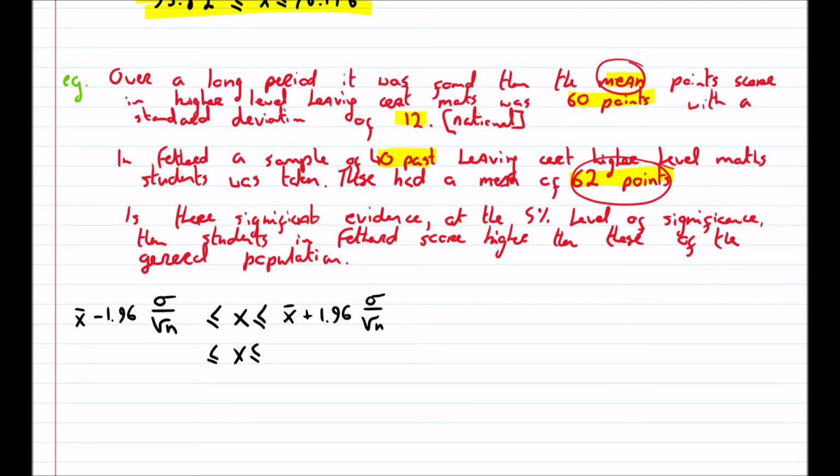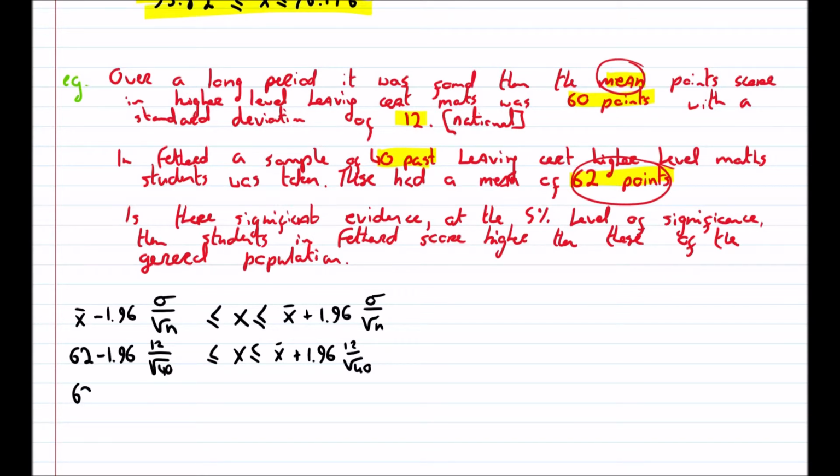Our mean is 62 minus 1.96. The standard deviation is 12 over the sample, which is 40, plus 1.96. Again, it's 12 and root 40.